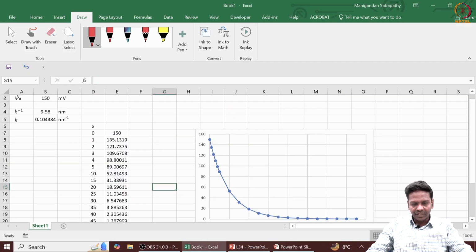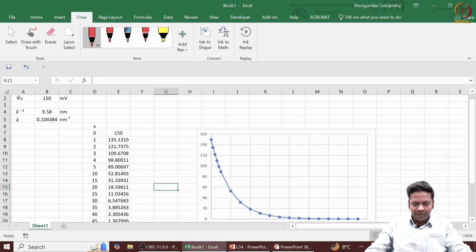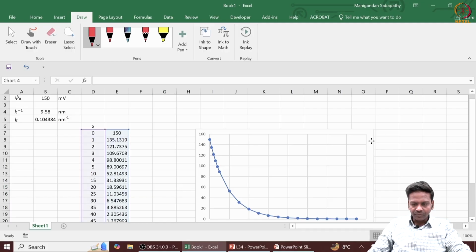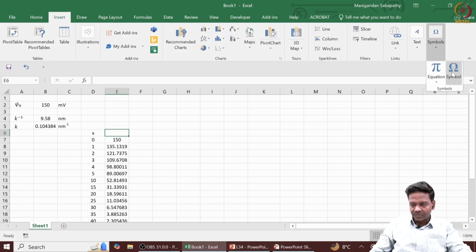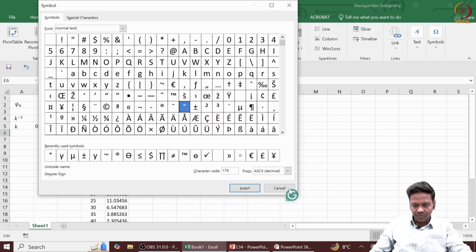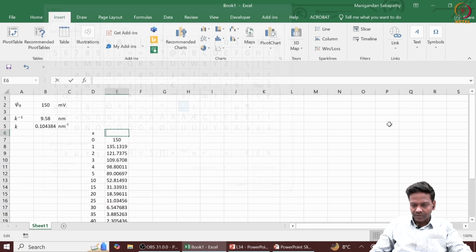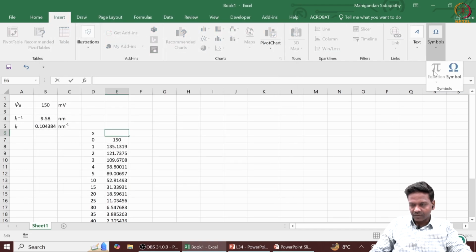Yeah, so let's say we have come here. So first we know what is the psi naught, which is 150 millivolt. Okay, and this is again psi. Let me put this symbol for you so that this will be clear.